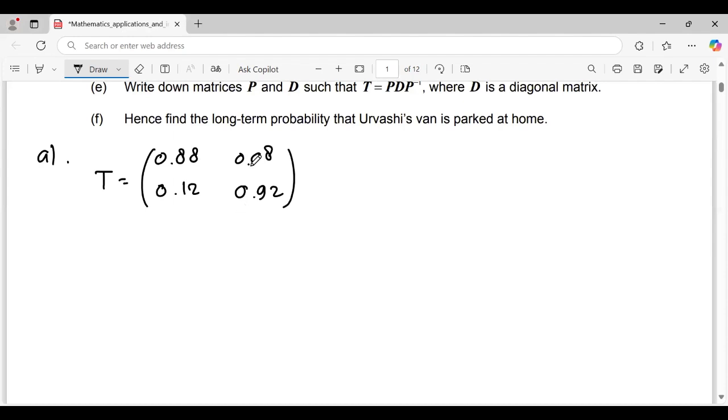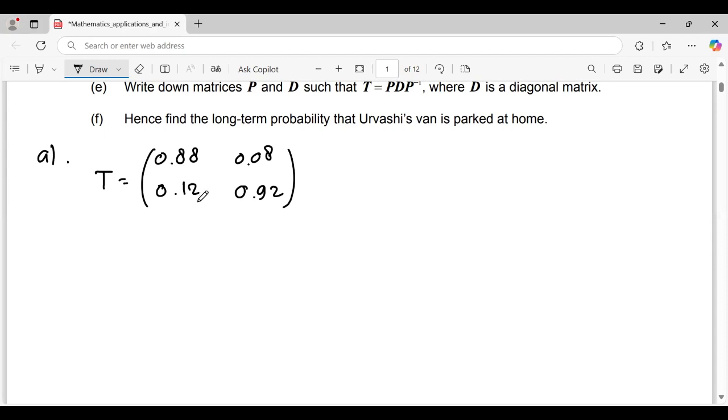The first row of this matrix, 0.88 and 0.08, is the representation of the probabilities of moving from headquarters to headquarters or to home. The headquarters to headquarters probability is 0.88, while the probability of going home is 0.08.